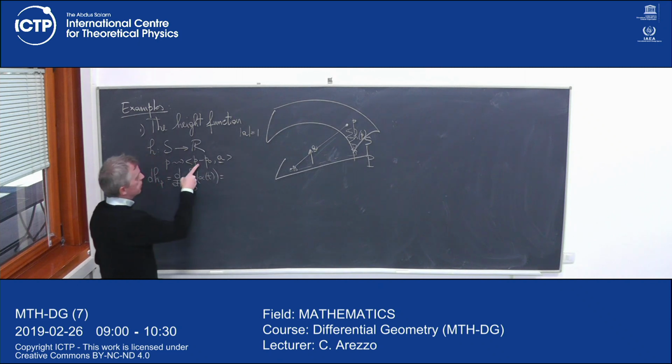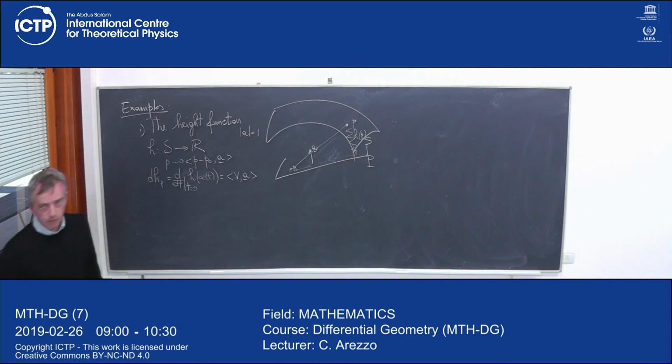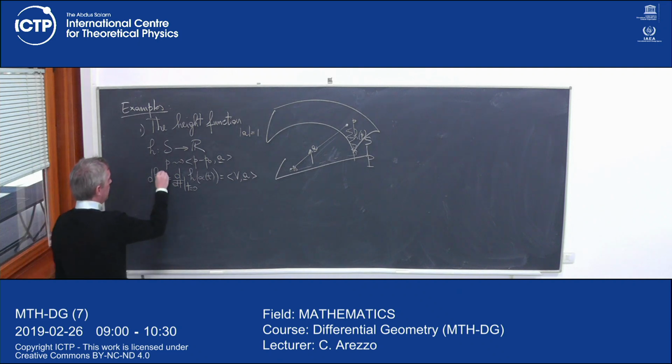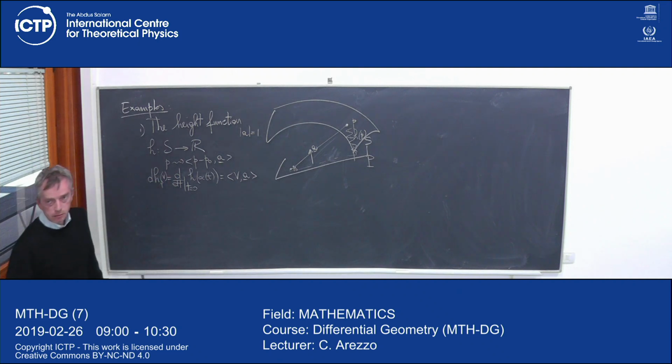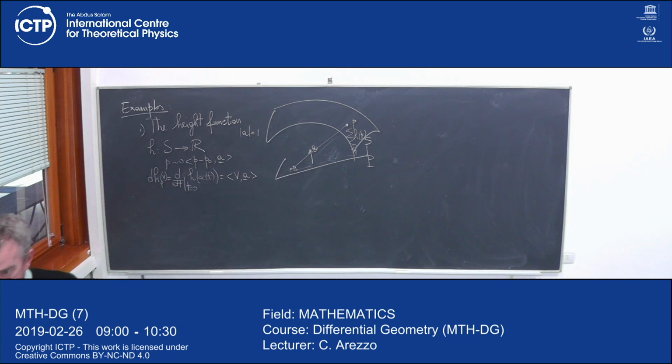Alpha goes here, and this becomes just the derivative at t equal to 0. This becomes V scalar A. So this is the differential applied to the vector V. Differential applied to vector V means I take a curve alpha passing through P with direction V, and so on. And that's the formula.